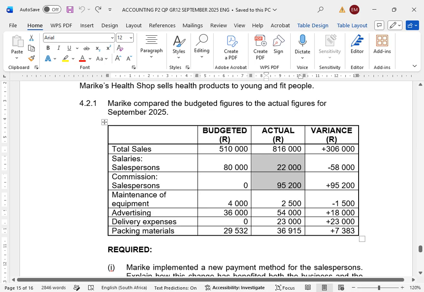So you can say, the actual 117, which is salary and commission paid to workers, is more than 80,000 salary budgeted. Does that make sense?